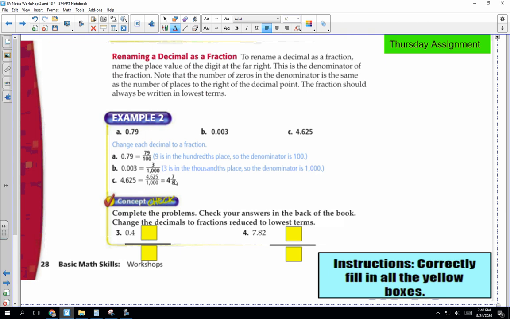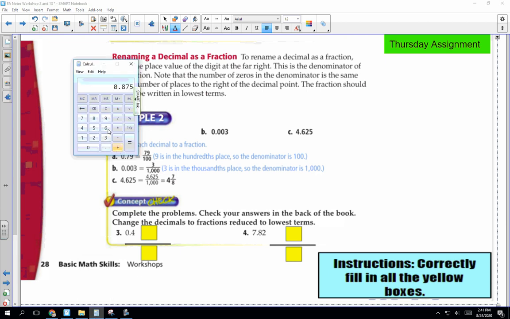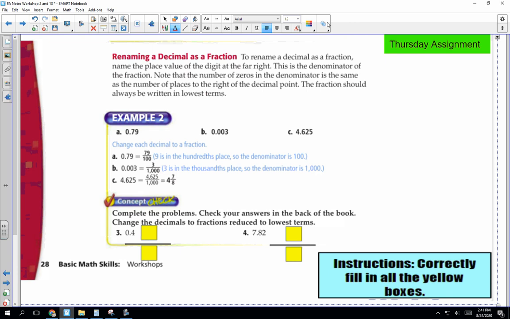It reduces back down. I'm trying to think if I can find a good fraction calculator. So let me just break it down like this. We can take the 4 out and just go 625.